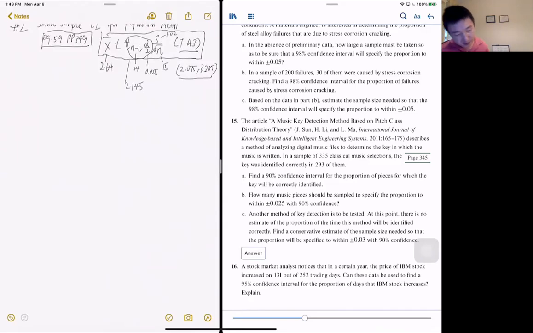So let's read the question together. Another article, so we can just skip the article.